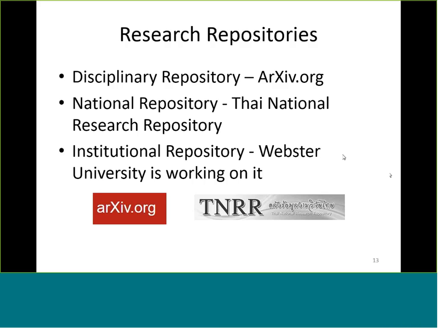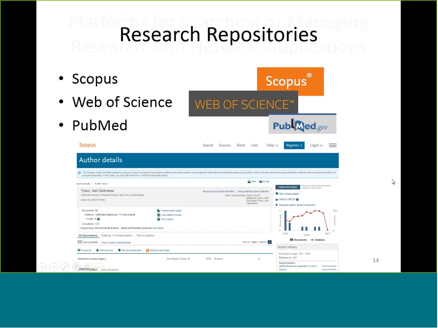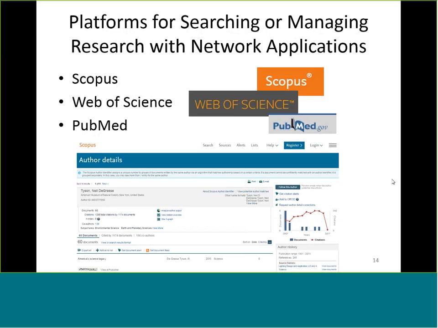A lot of universities have a space where they really celebrate their research by trying to host it in one central place. Webster is working on it. We're hoping within the next year to year and a half we will have some announcements to make. So it is on the horizon. That institutional repository may also be a good place to have the papers and dissertations of students as well. Absolutely.